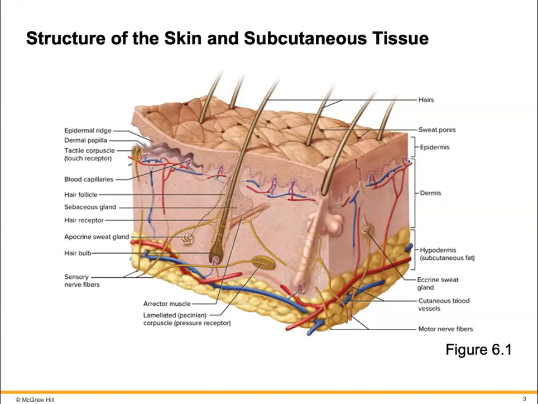So the functions of the skin are really important to understand, because although this seems like a very simple system, there's lots of things that it performs for our body, and without it, we would not be able to survive. First, it is able to help us resist trauma and infection, primarily because of the epidermis and the keratin, which is a densely packed protein that material has to move through.